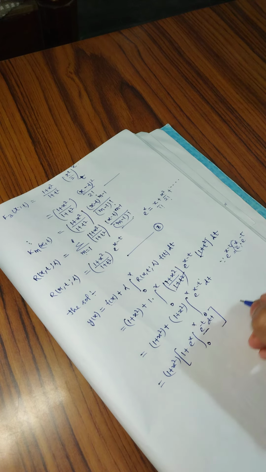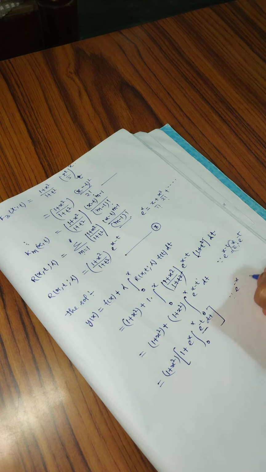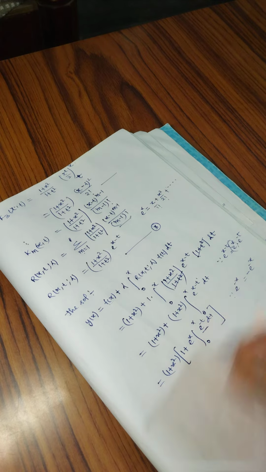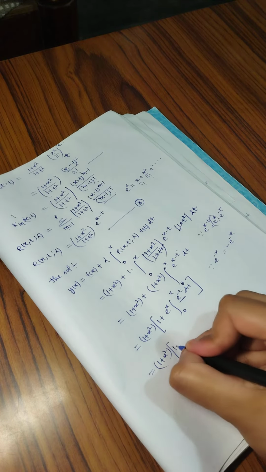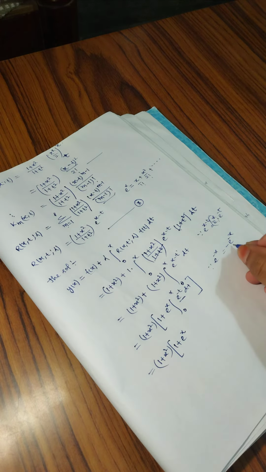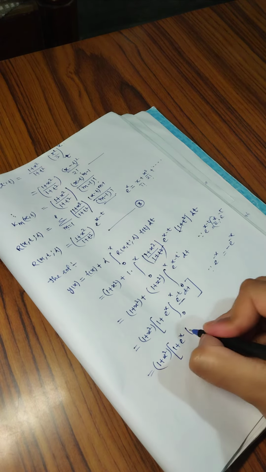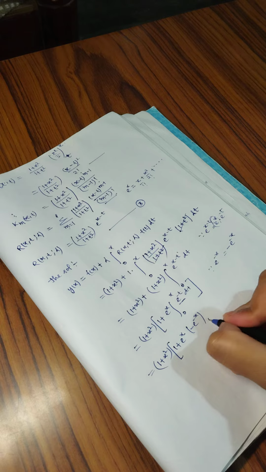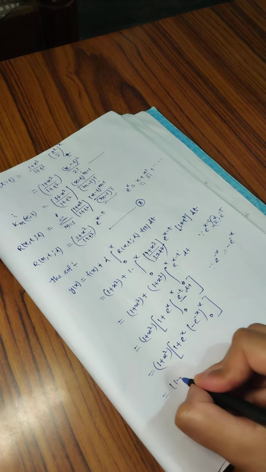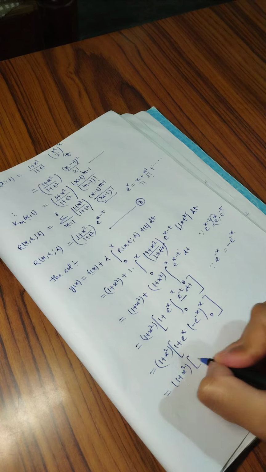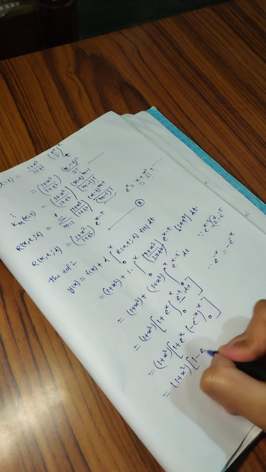What is the integral of e^(−t)? It is −e^(−t). This will become (1 + x²)[1 + e^x(−e^(−t)) from 0 to x].